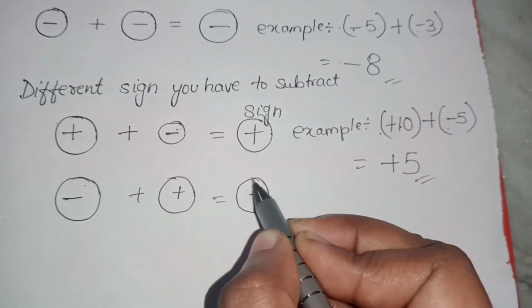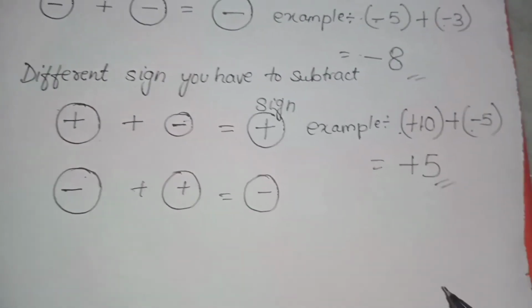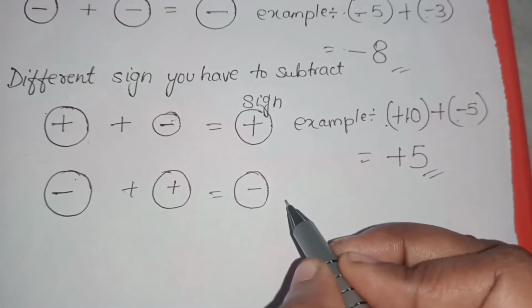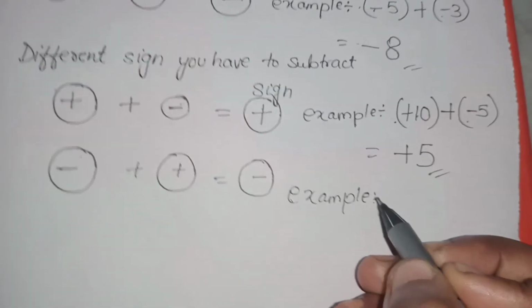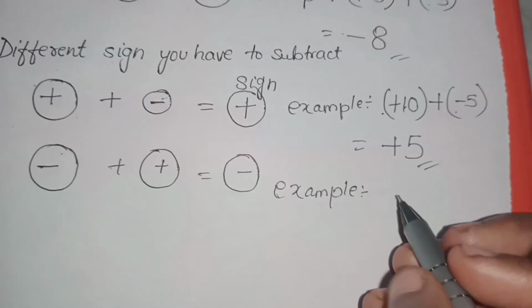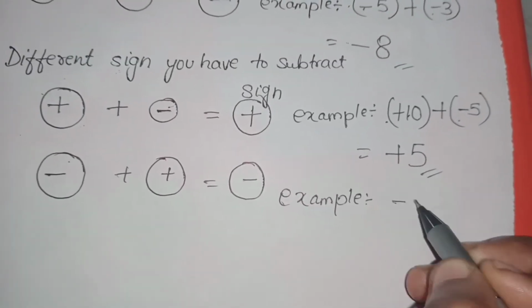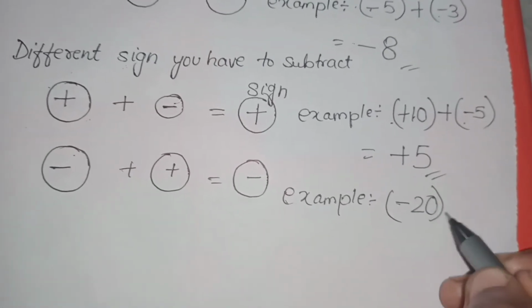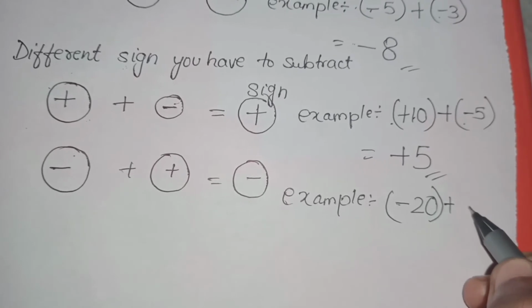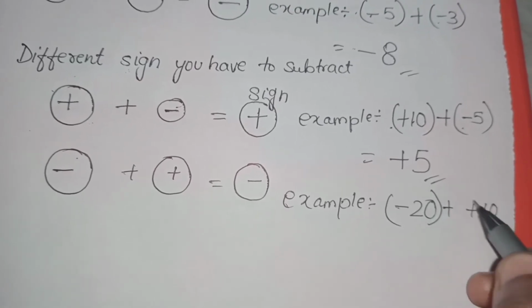Okay, you will subtract only, but you will put minus sign. Now example, for this also I am giving the example. Example is that, okay, minus 20, okay, when added to plus 10.